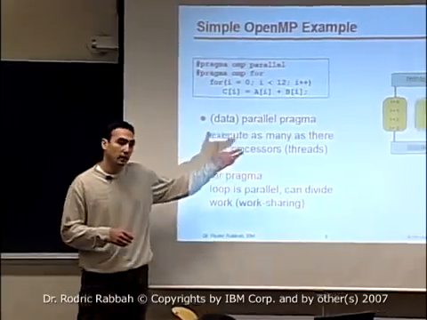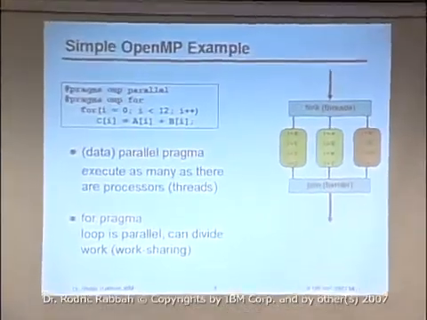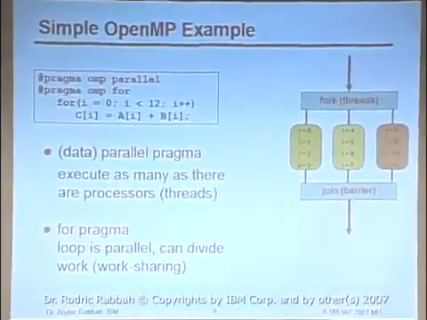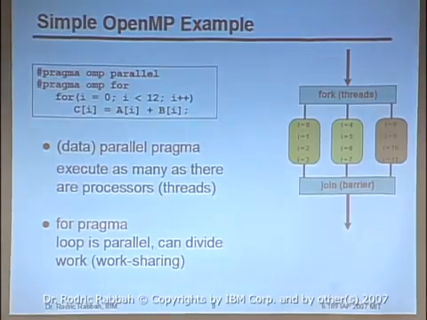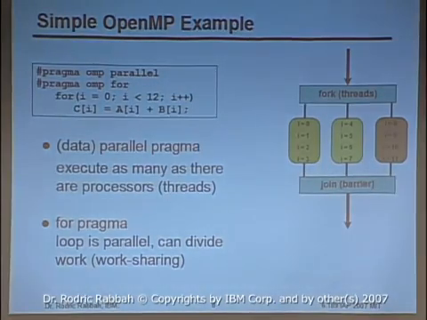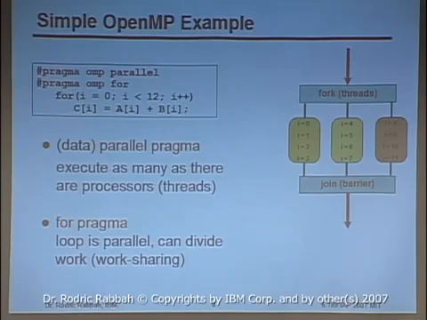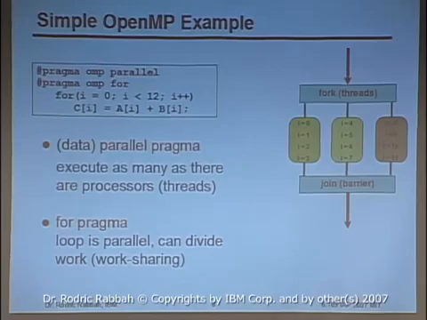In this case, I've implicitly assumed that I have 3 processors, so you can automatically partition my code into 3 sets. And this transformation can be done automatically by the compiler. And then there's a for pragma that says this loop is parallel, and you can divide up the work through a mechanism that's called work sharing. So multiple threads can collaborate to solve the same computation, but each one does a smaller amount of work.